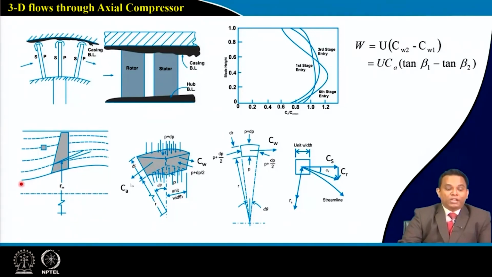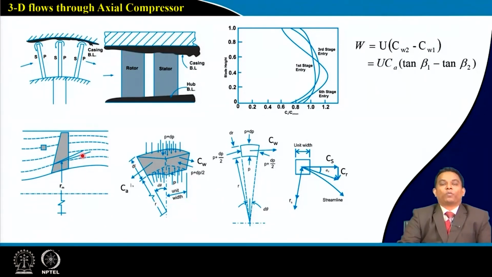In line with that, near the hub, my streamlines will try to follow the curvature of my hub, and that will give some kind of inclination to our flow. That means we will have some other component of velocity coming into the picture.